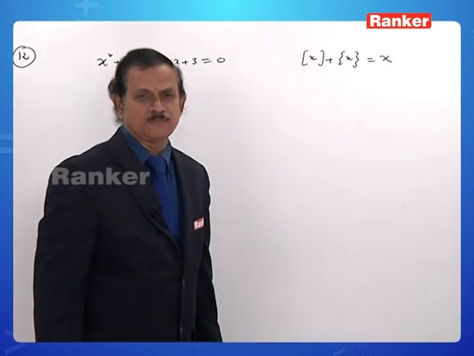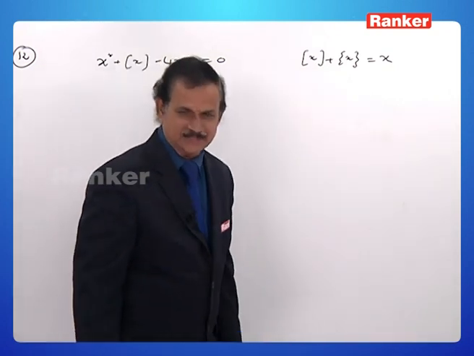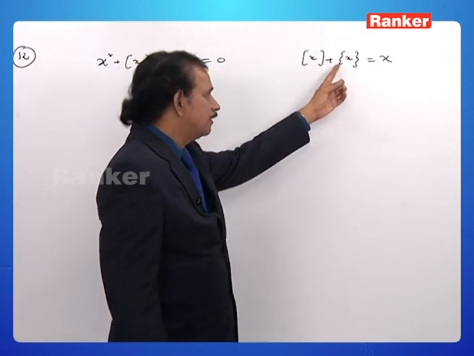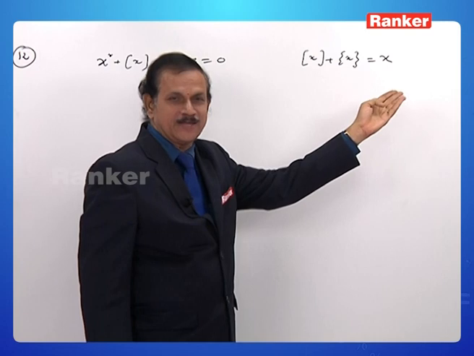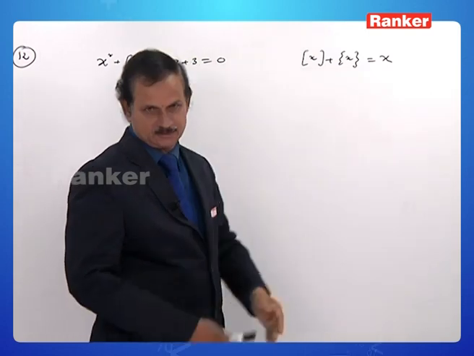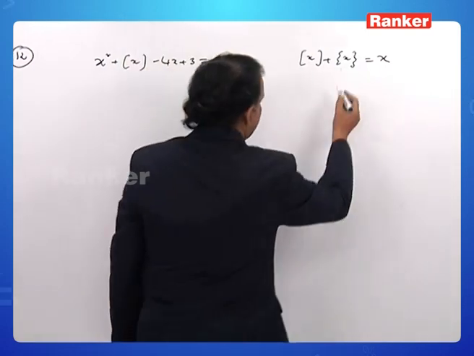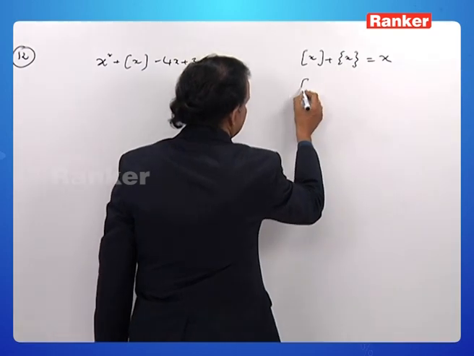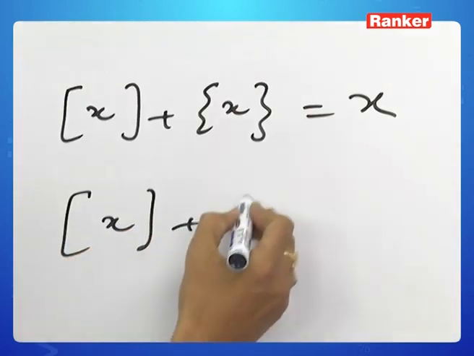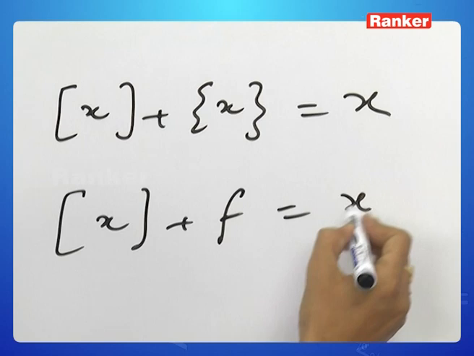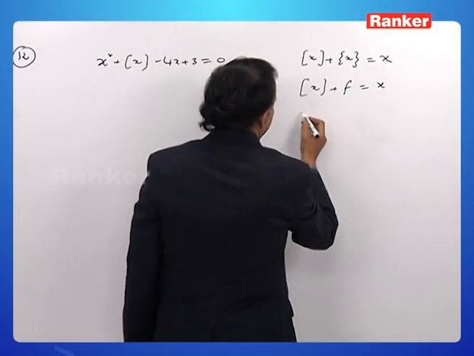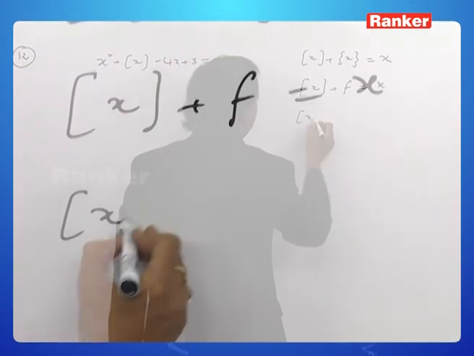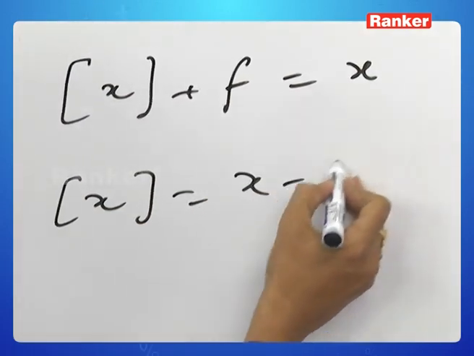Suppose x is some 2.4. 2 is the integral part, 0.4 is the fractional part. If you club them, you're going to get 2.4, that is x. Let me represent this fractional part with some f. Therefore, integral part of x is equal to x minus f.